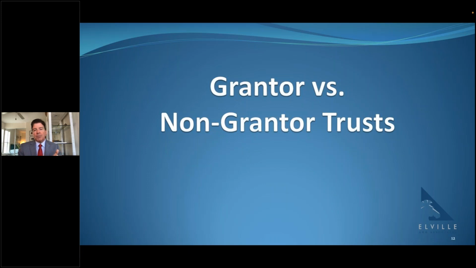We have to think in terms of what kind of power of appointment, if any, did we give the child? Because if we gave a child the power to appoint the property to whoever they want, we are probably opening up the trust to the claims of creditors potentially. So we probably want to stay away from that and use a limited power of appointment in some way. So all of these features are design features, but Maryland says that child can be the trustee of their own trust and enjoy this protection.